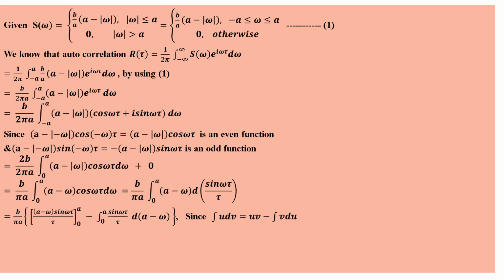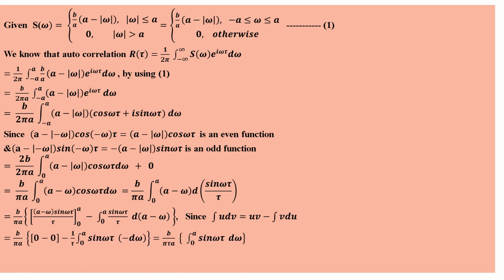V is nothing but sin omega tau by tau. So uv is (a minus omega) sin omega tau by tau, lower limit 0, upper limit a, minus integral v du. V is sin omega tau by tau into du. U is a minus omega. We know the derivative of a minus omega is nothing but minus d omega, right?